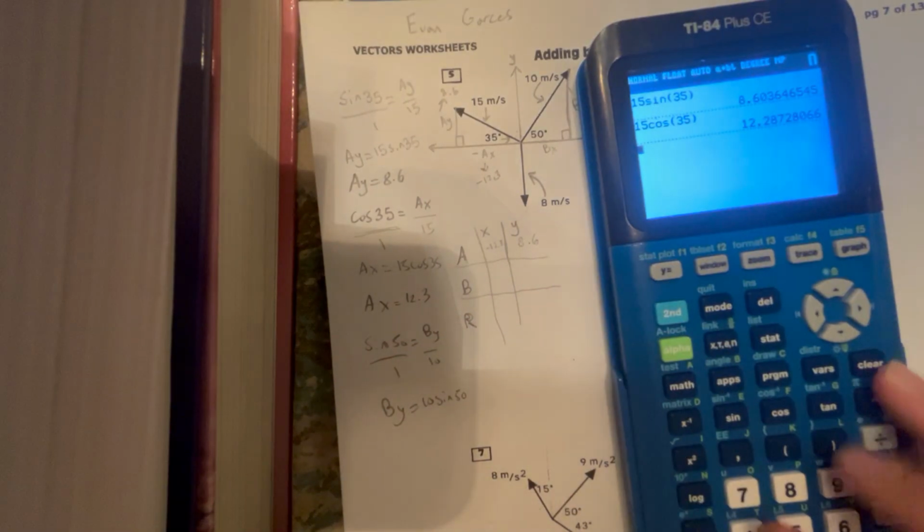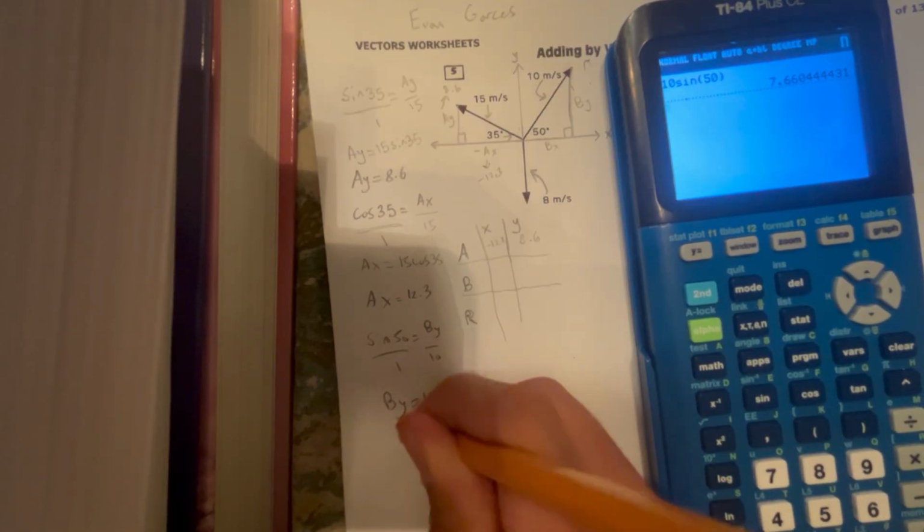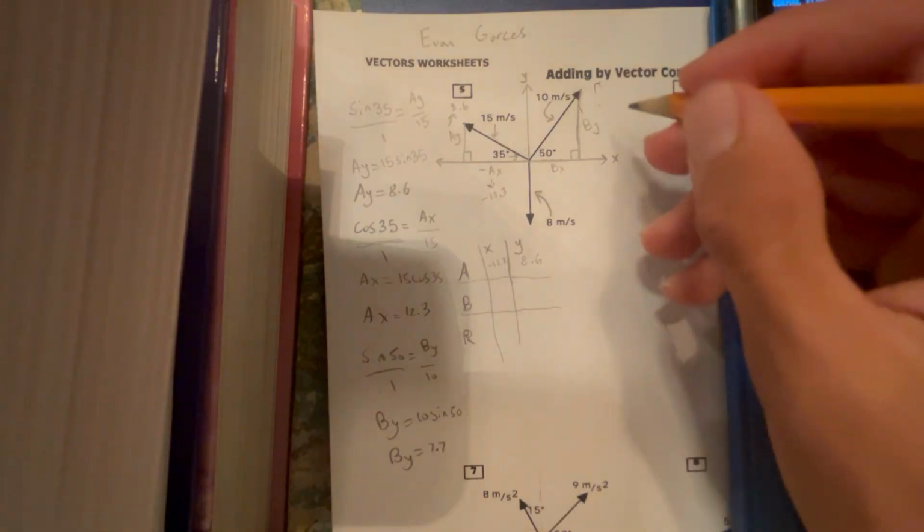Cross multiply, you get 10 sine 50, which is equal to 7.7. And B of Y is positive because it's above the x-axis. 7.7.